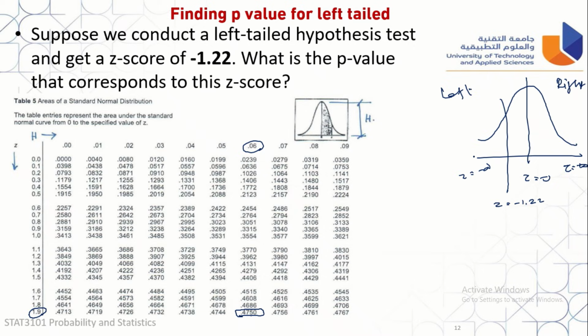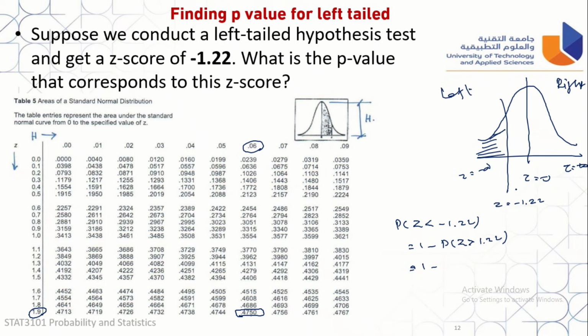So I want to calculate the less than probability. So probability of z less than minus 1.22 I want to calculate. How to calculate it? I will calculate it as 1 minus probability of z greater than 1.22. Actually there are 2 methods. I am using only one method.